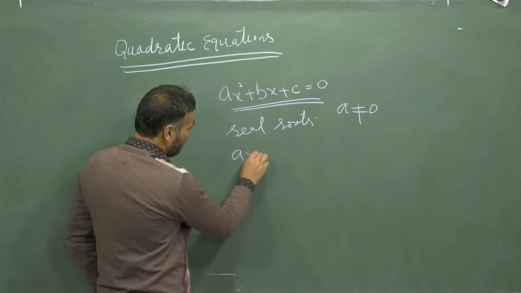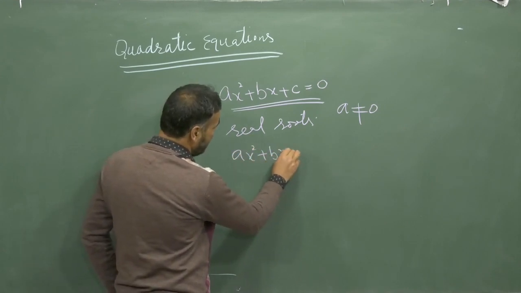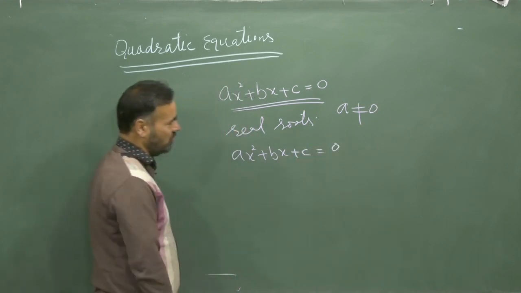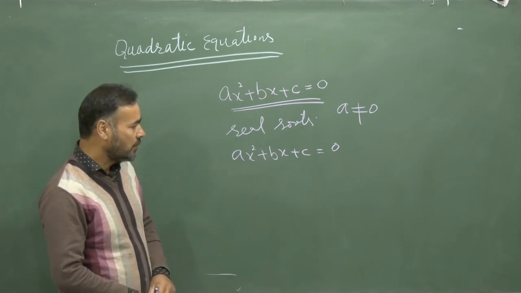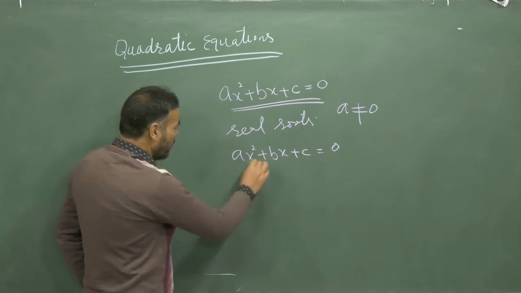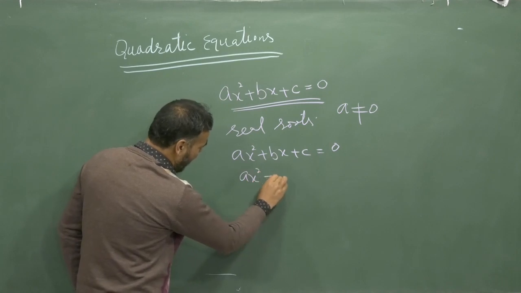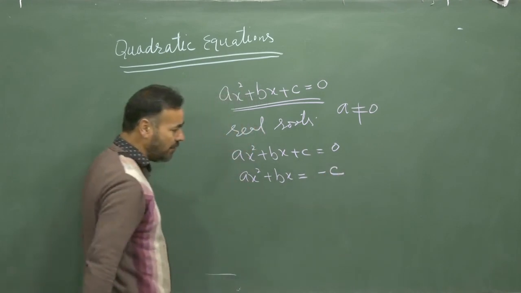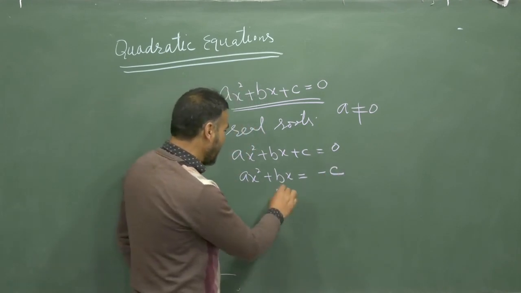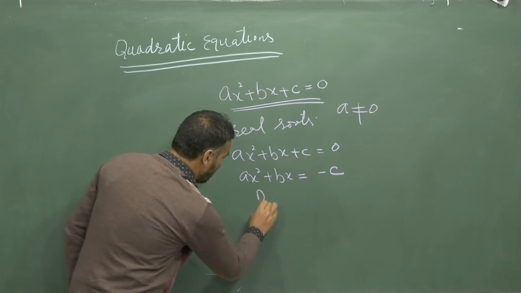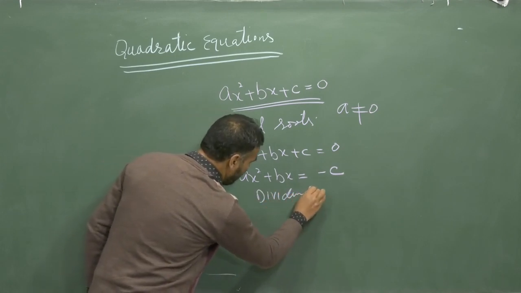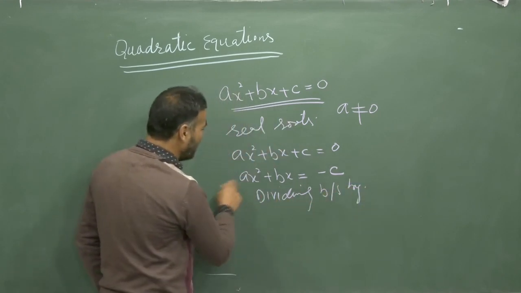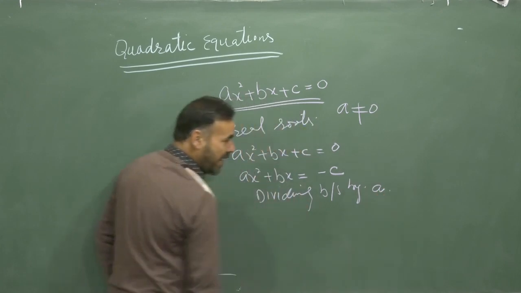ax² + bx + c = 0, where a is not equal to 0, is a quadratic equation. We can transpose this c to the other side. Now we divide both sides by the coefficient of x², that is by a.